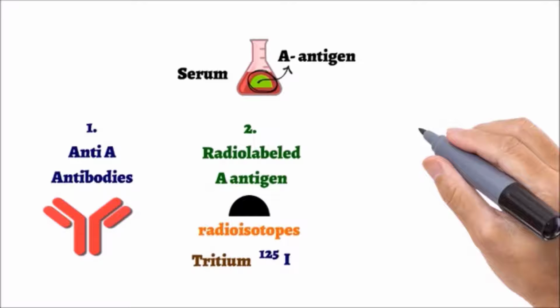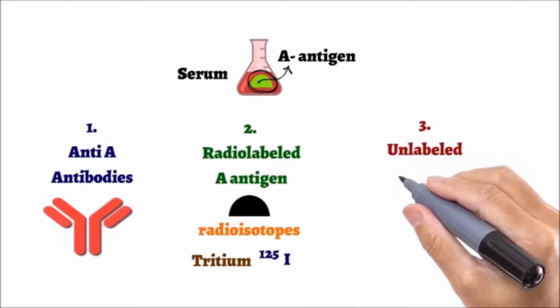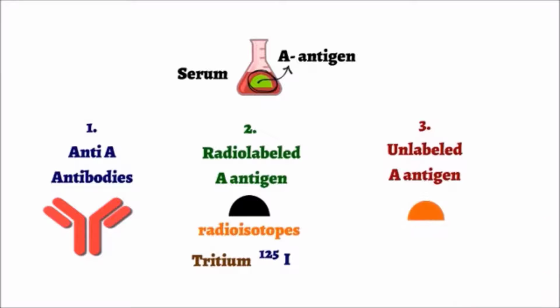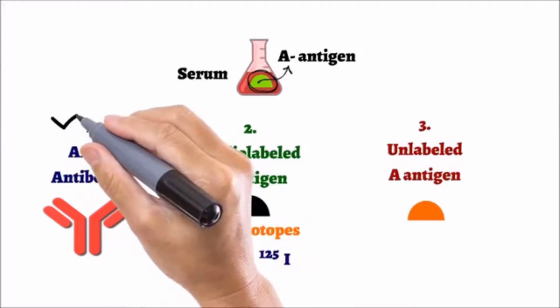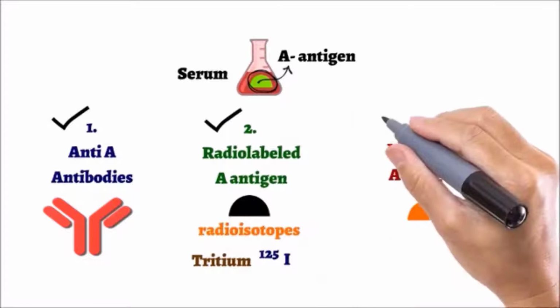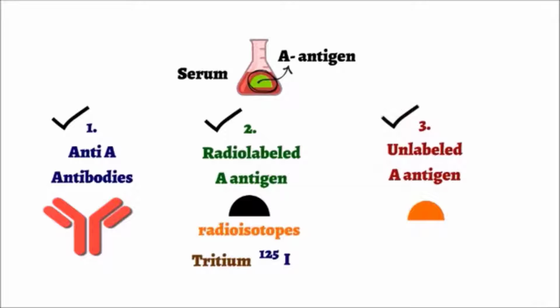And the last thing, same A antigen in unlabeled form, that is the original form. So these three things, that is anti-A antibody, radio-labeled A antigen, and unlabeled A antigen are very important if we want to find out the concentration of A antigen present in the sample. If we don't have these things, we cannot find the concentration.